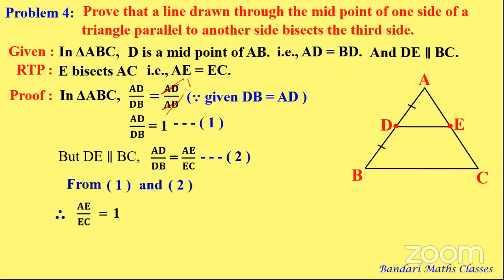Now cross multiplication: EC comes to the RHS, AE is equal to EC. That is, E bisects AC. E is the midpoint of AC. That's all.